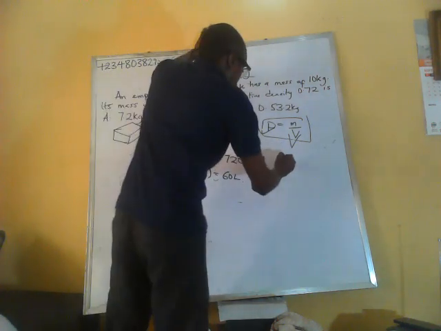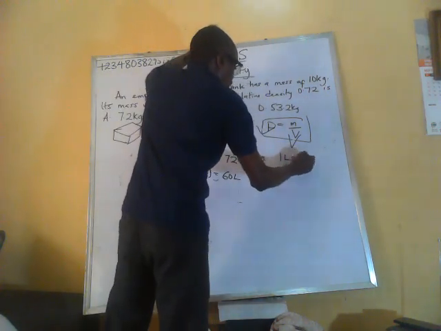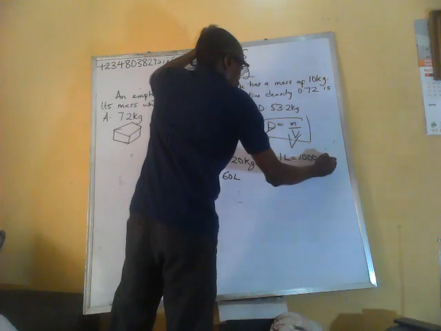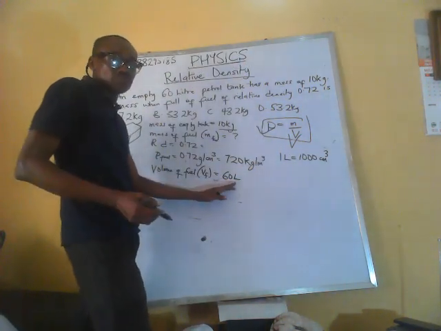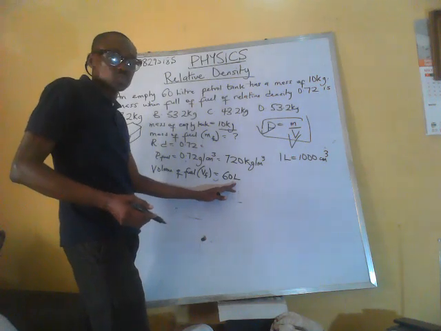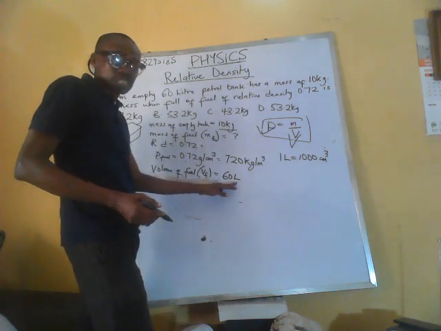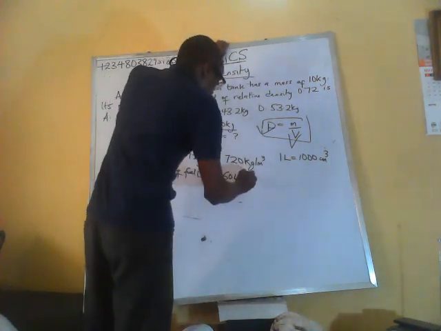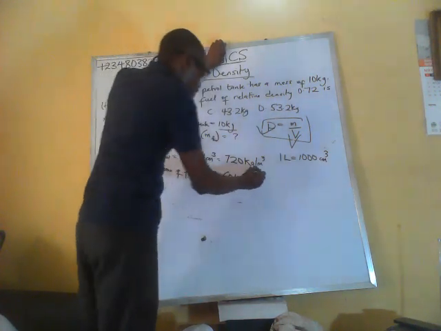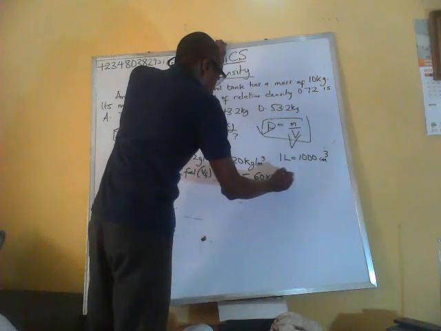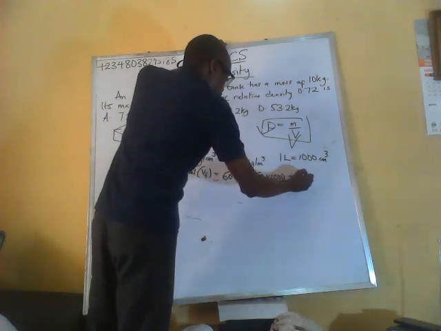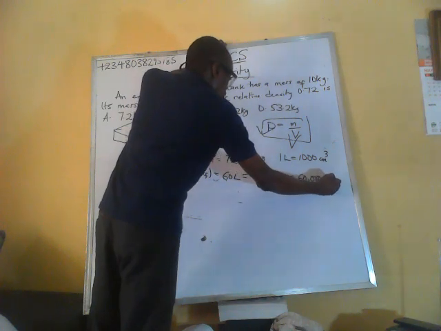And 1 liter is 1000 cubic centimeter. So it's just for us to multiply this by 1000 to convert it to cubic centimeters. So we do that, 60 times 1000. This gives us 60,000 cubic centimeter.